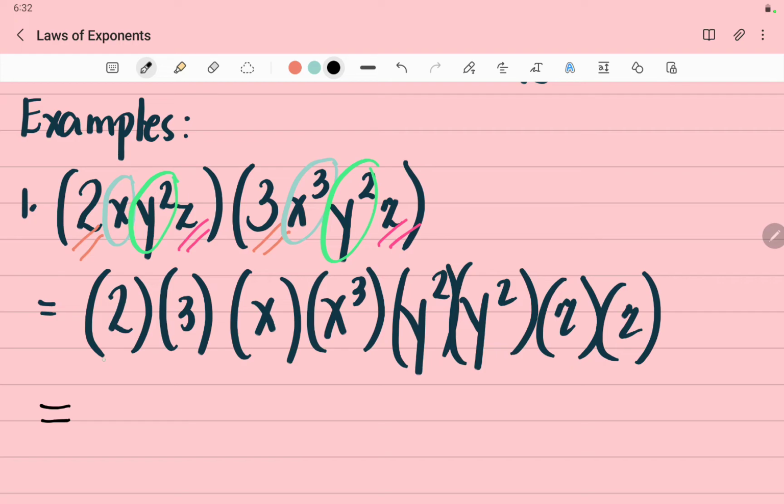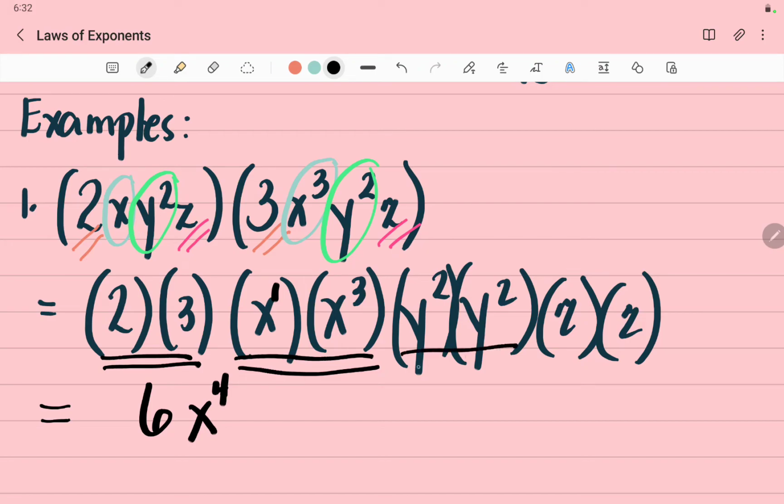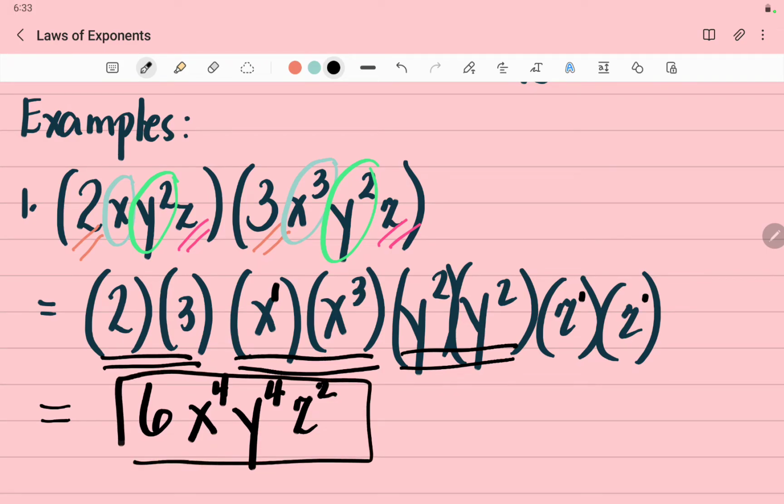So that is 2 times 3 is 6. Same base, copy the base, add the exponents. Remember that this is x raised to 1. So we have now x raised to 4. Then same base again, y, add the exponents. 2 plus 2 is 4. Then z is raised to 1, that is also raised to 1. We have now z squared. That is our final answer.